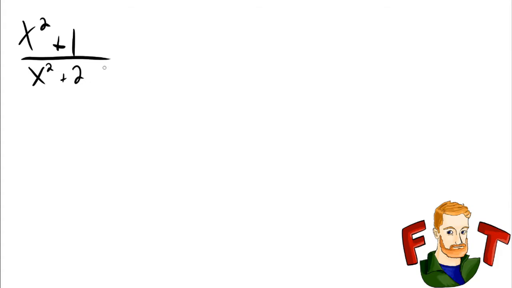So the previous method of just using 1 over x in this case would essentially be 1 over x squared plus 2 times all of that.